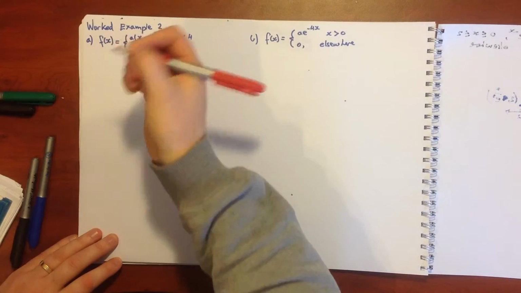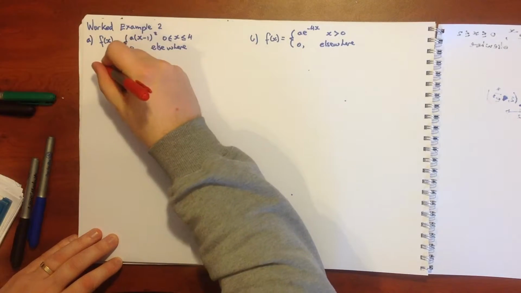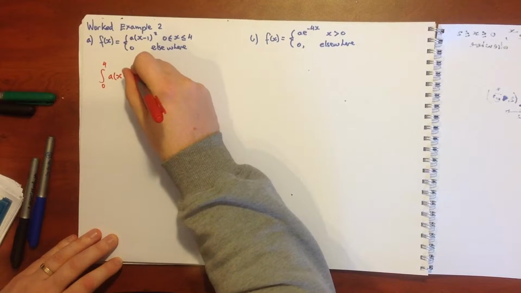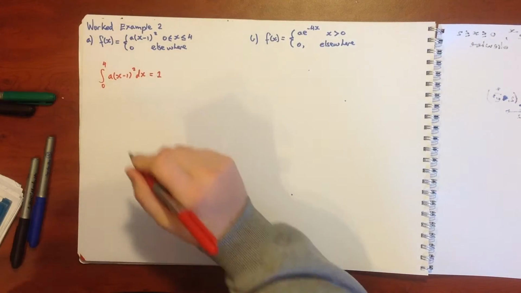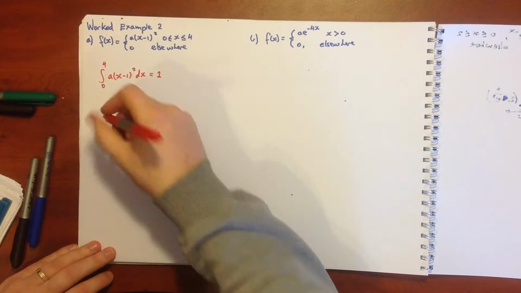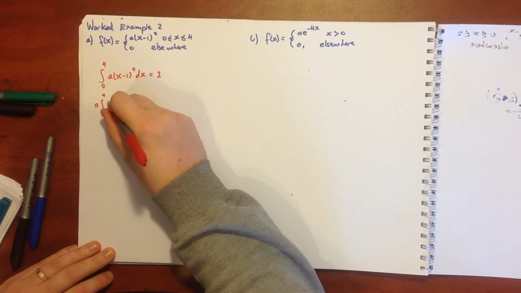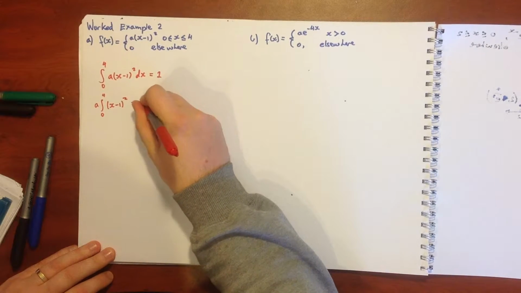What we do is integrate from 0 to 4 of a times x minus 1 squared dx, and that equals 1. We bring this a out the front and integrate from 0 to 4 of x minus 1 squared, which equals 1.